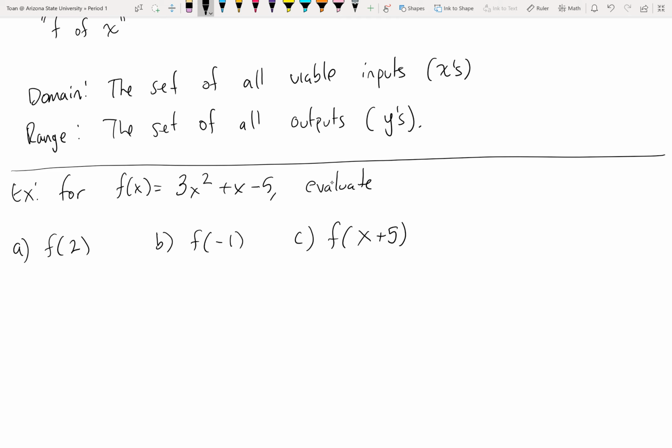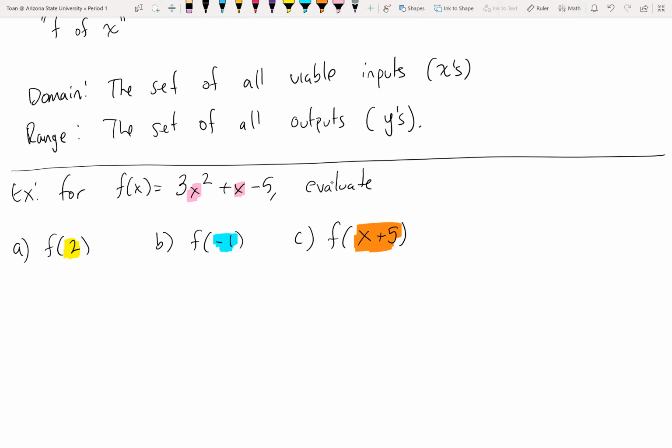Okay. Now remember, in function notation, all this says is whatever is inside the parentheses is your input. So I guess I should probably use different colors. All right. So whatever is inside of these parentheses, that's what you're going to substitute for the original x's.